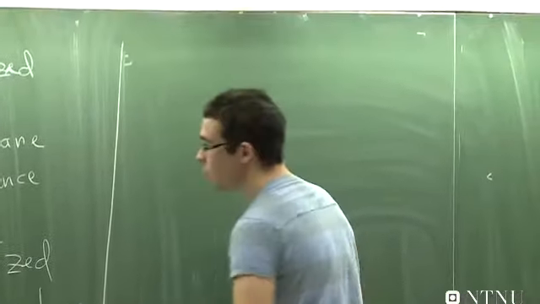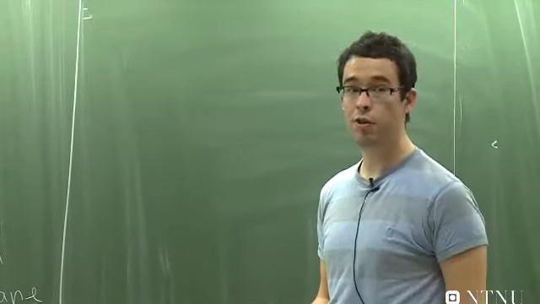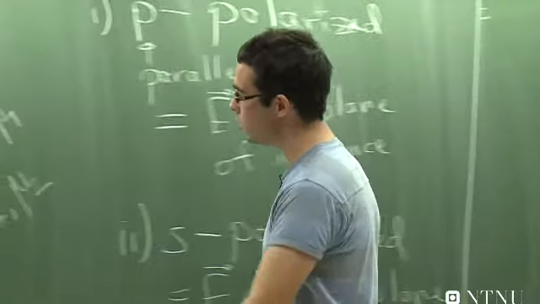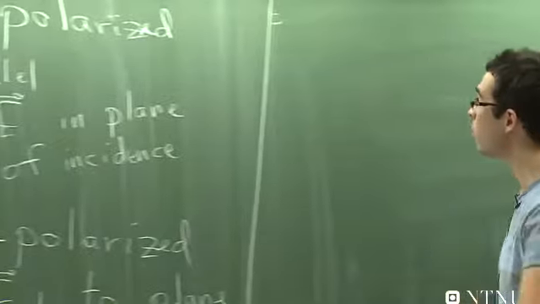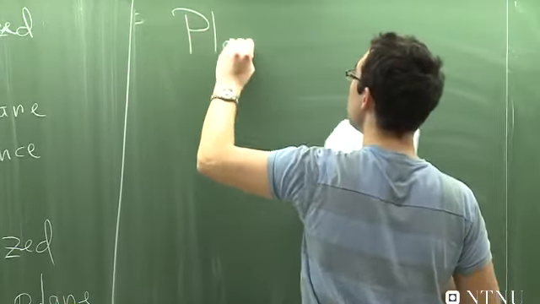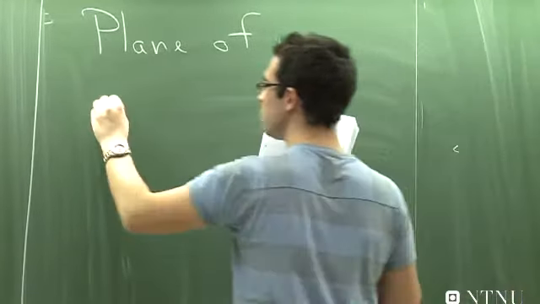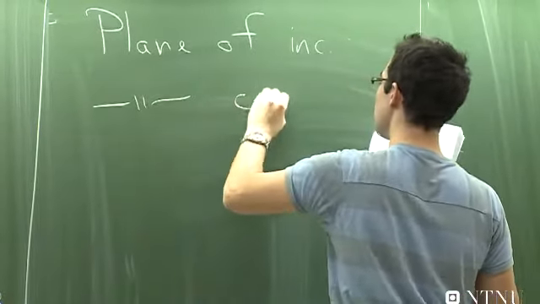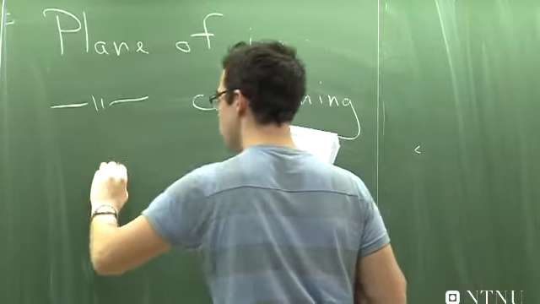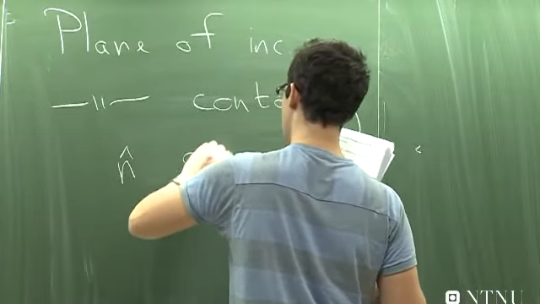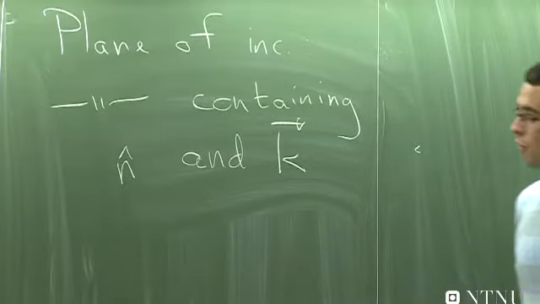And to be sure to avoid any form of confusion here, the plane of incidence is defined as the plane containing the two vectors n and k. Okay, so the two vectors form a plane.